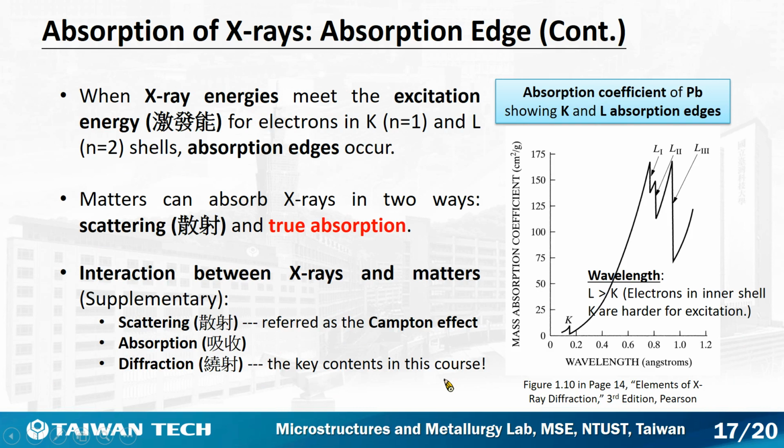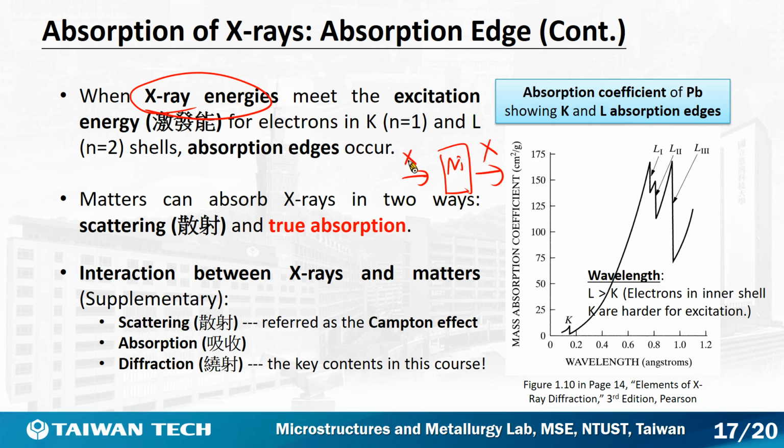So first, as we said, we move from right to left. That is the decreasing wavelength, so increasing energy of X-ray, right? When this energy of X-ray meets the excitation energy for electrons in the absorber, let's say we have a nickel absorber, then X-ray goes in and out.